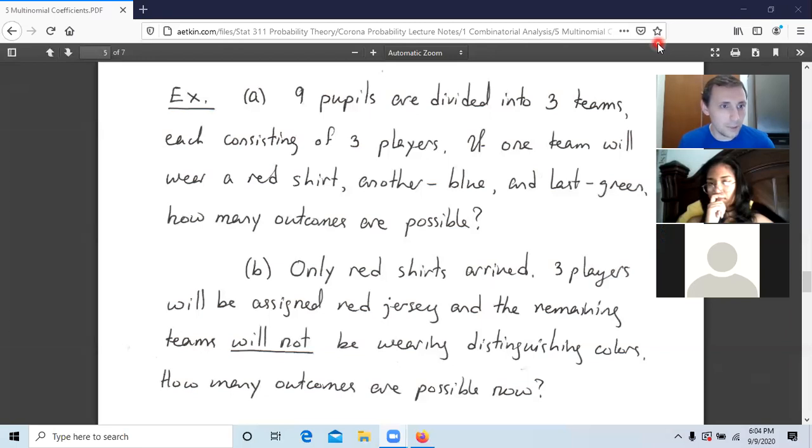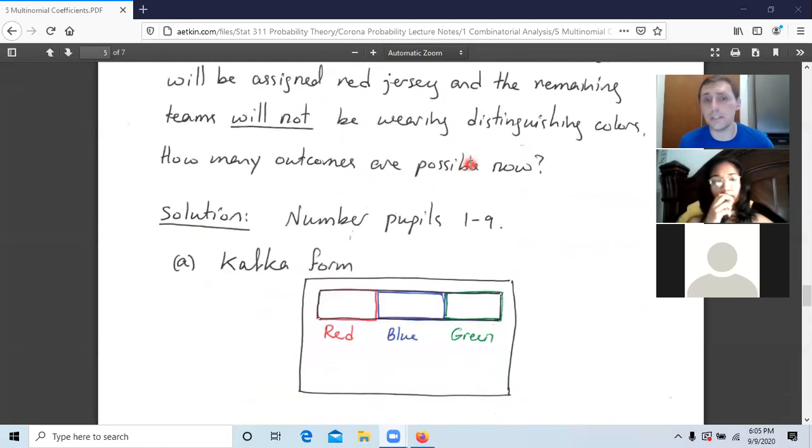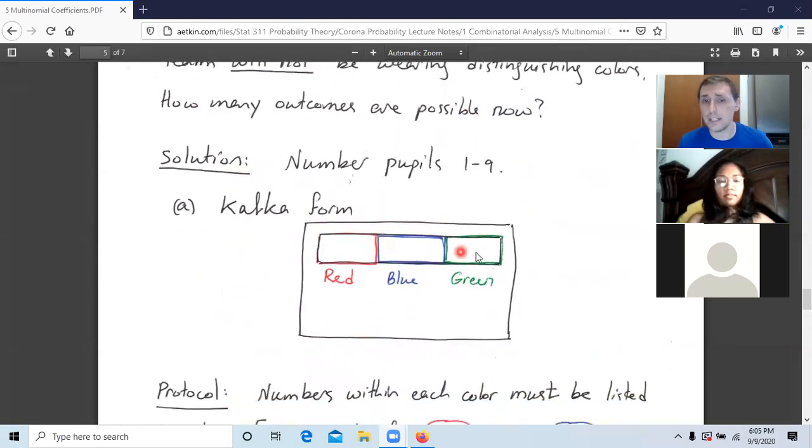Okay. Right, Bowen, and thank you, Erica. All right, so let's see first of all, what is my Kafka form for the first problem? Here is how I imagine the document to look.